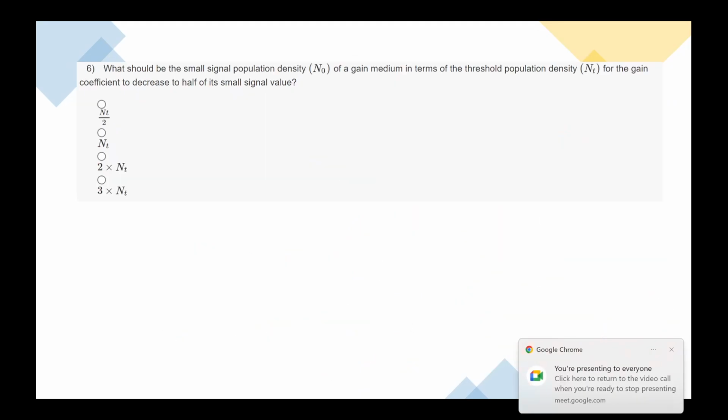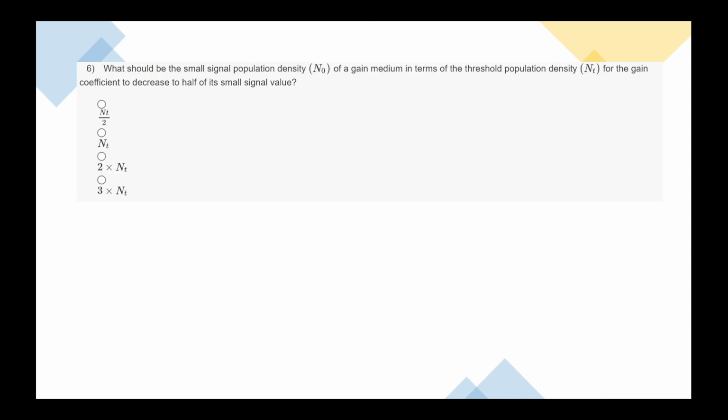Okay, question number 6 will go. Number 6 is: what should be the small signal population density N naught of a gain medium in terms of the threshold population density NT for the gain coefficient to decrease to half of its small signal value. So here again it is asking what is the relation between this gain coefficient and photon flux density?